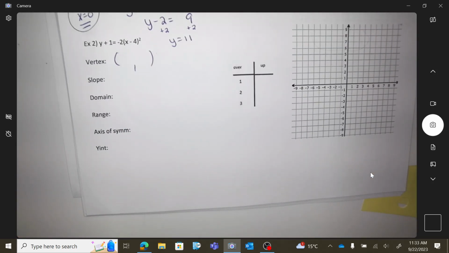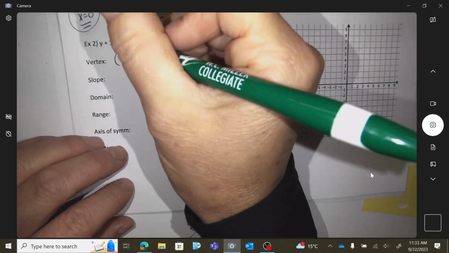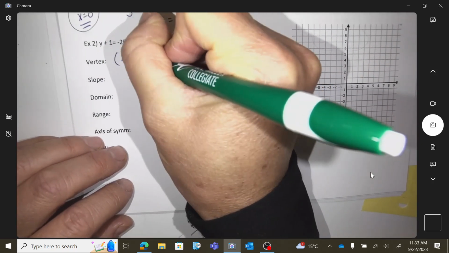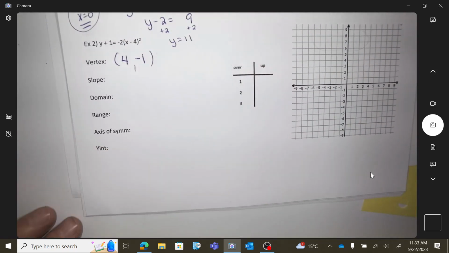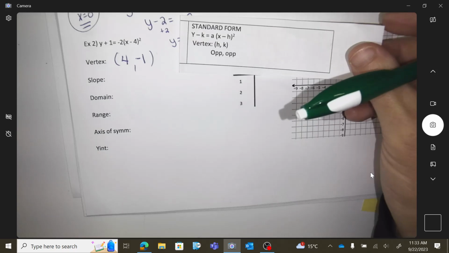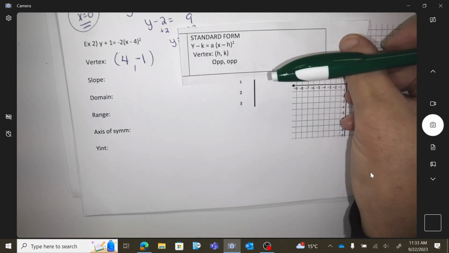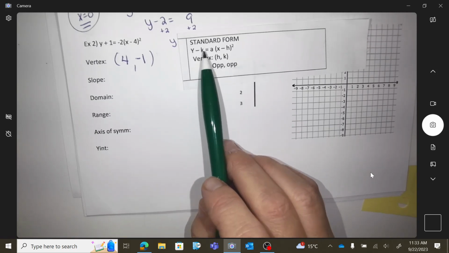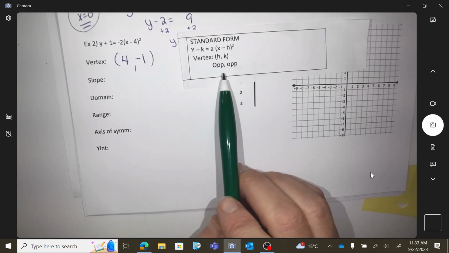So what, comma, what? +4, comma, -1. You see how I'm matching that into the formula positions. So this is what I'm looking at. I take the opposite of this H number and the opposite of that K number.